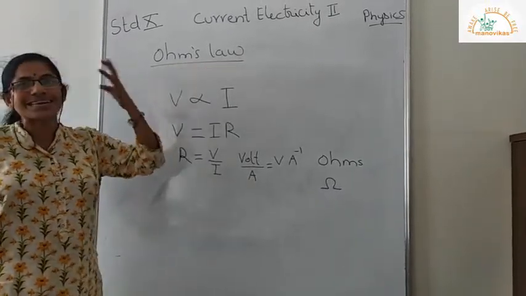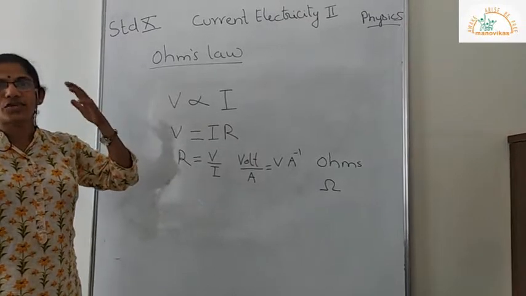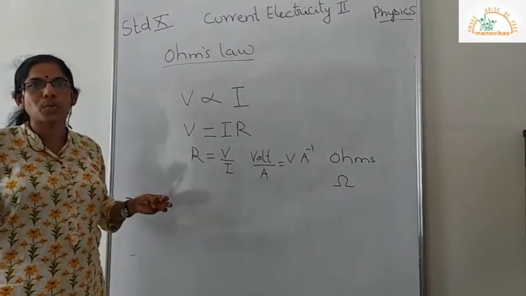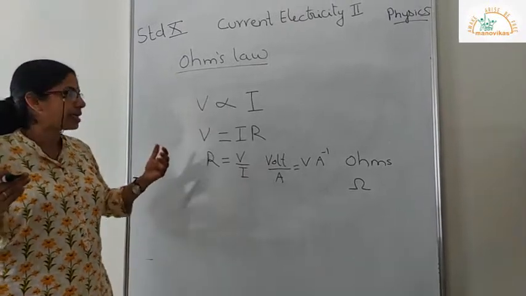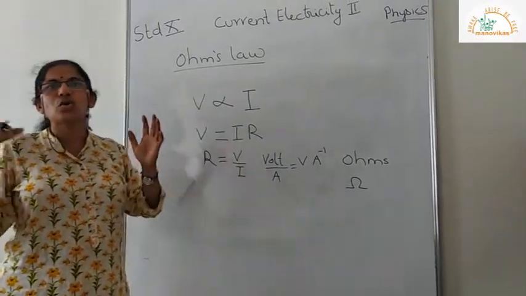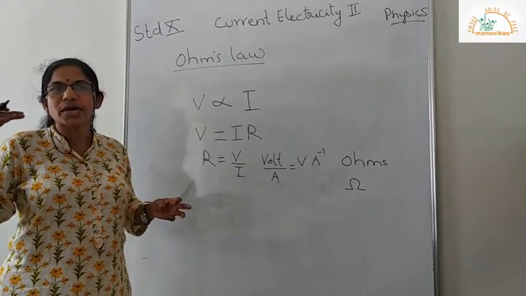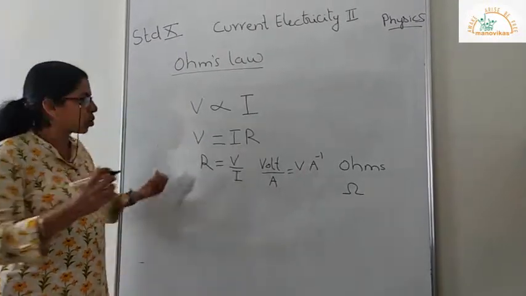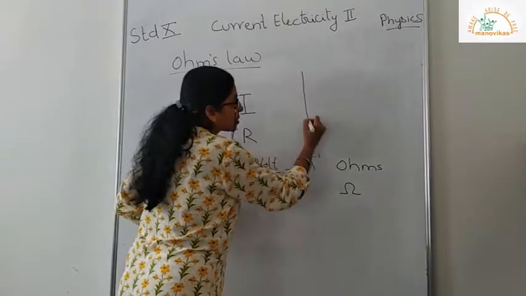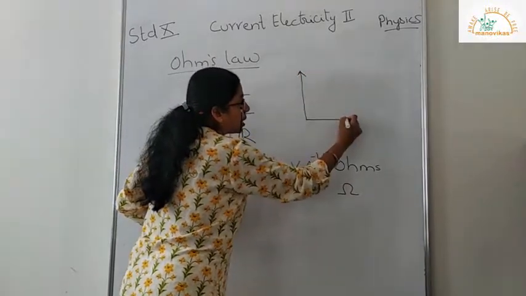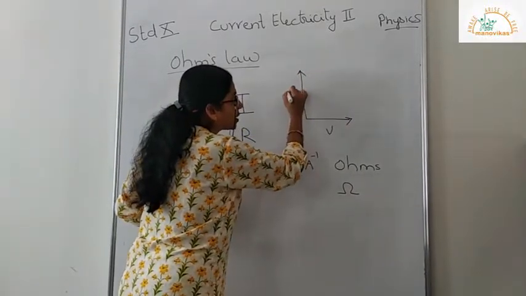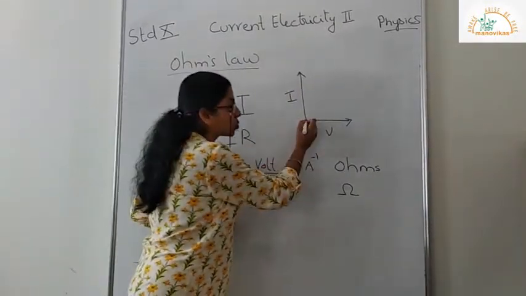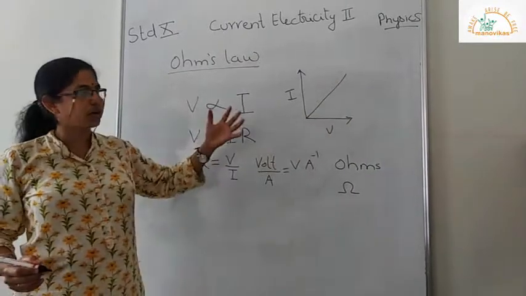There are certain resistors which obey Ohm's law. Such resistors are called ohmic resistors. There are certain resistors which do not obey Ohm's law, which are called non-ohmic resistors. For ohmic resistors, if you plot a graph of V versus I, with current on the x-axis and voltage on the y-axis, you get a straight line graph passing through the origin.